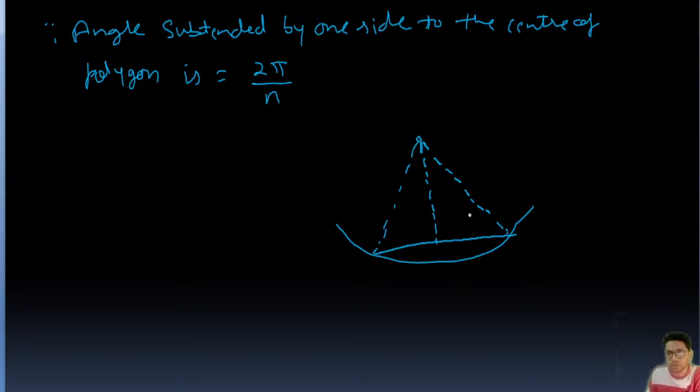This is 90, this is 90, and this is theta 1, this is theta 2 for one side of the polygon. This distance is R from center to vertex of the polygon, and this distance, let's say, is small r. This is for segment 1, in an n-sided polygon.